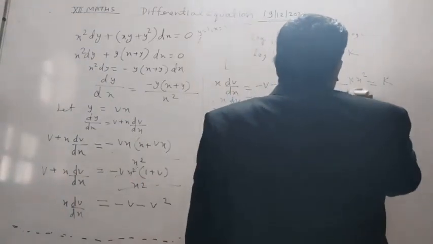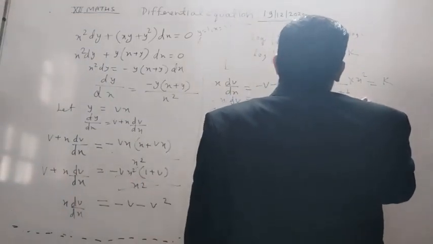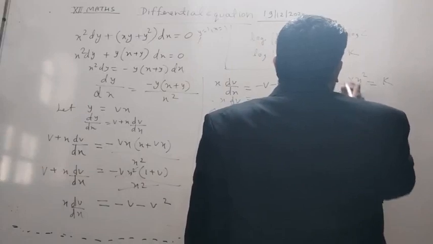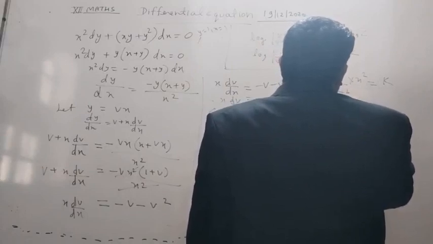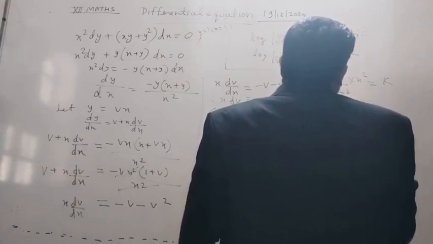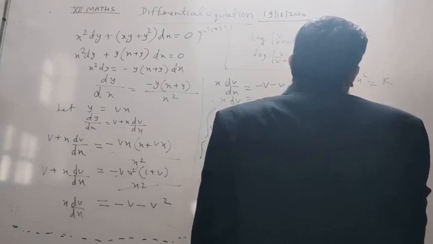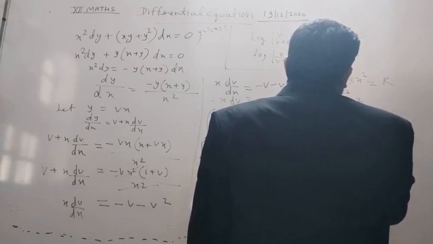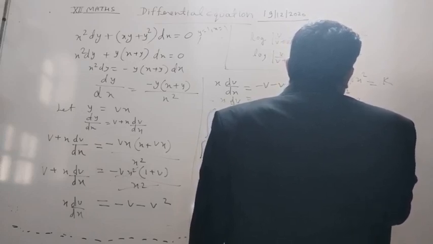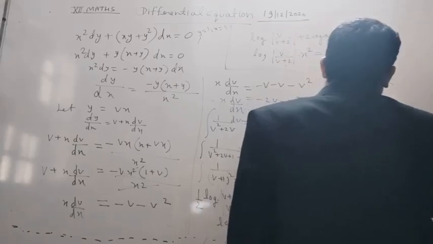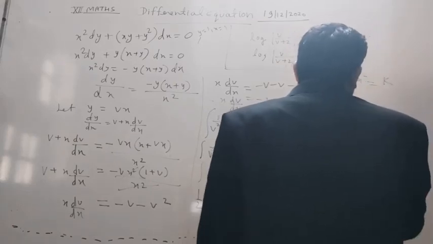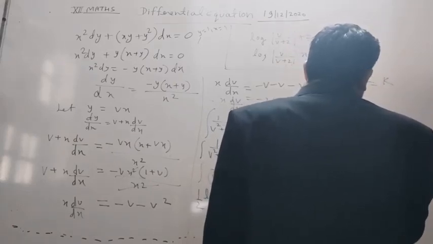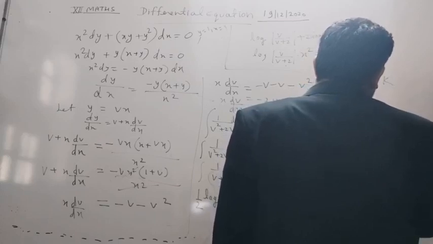Now I will solve it. So this is y by x into x² over y by x plus 2, which is equal to k. So x is reduced and y x² is k times (y + 2x).